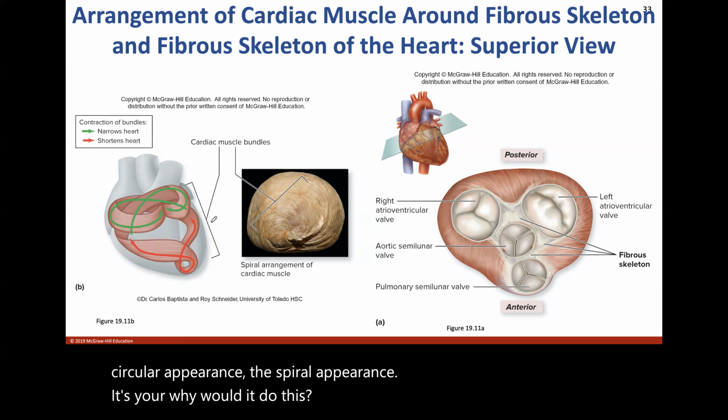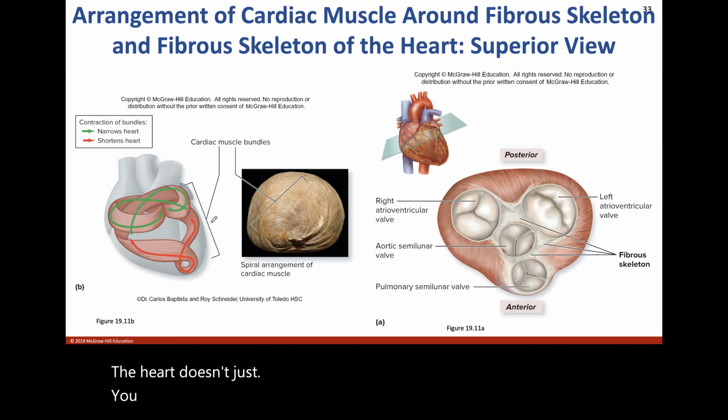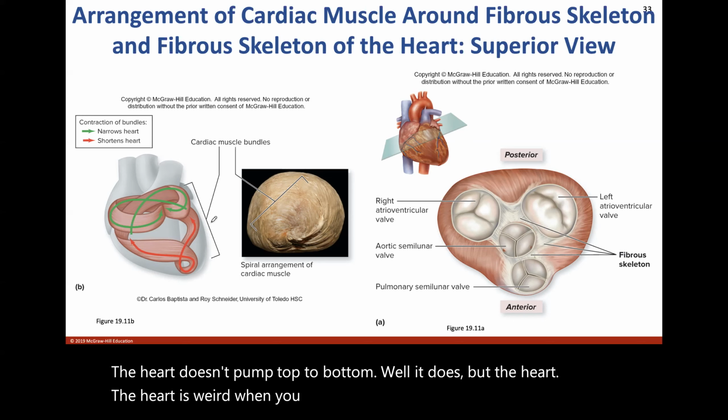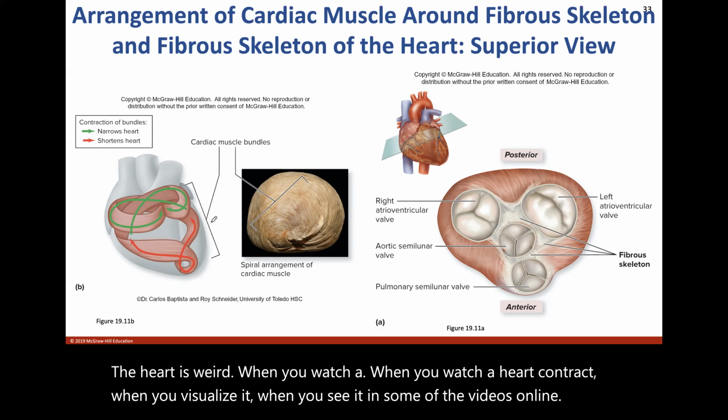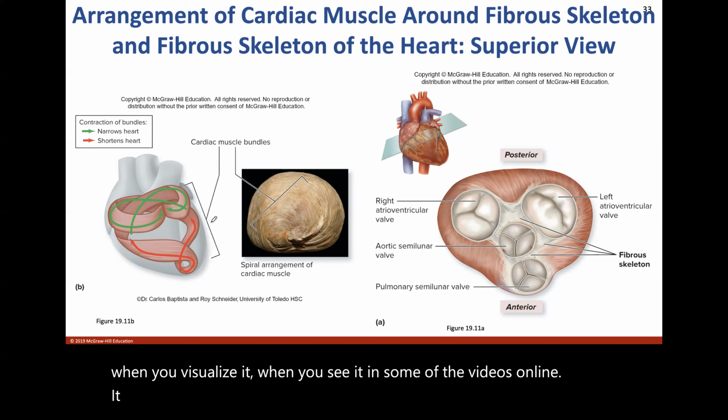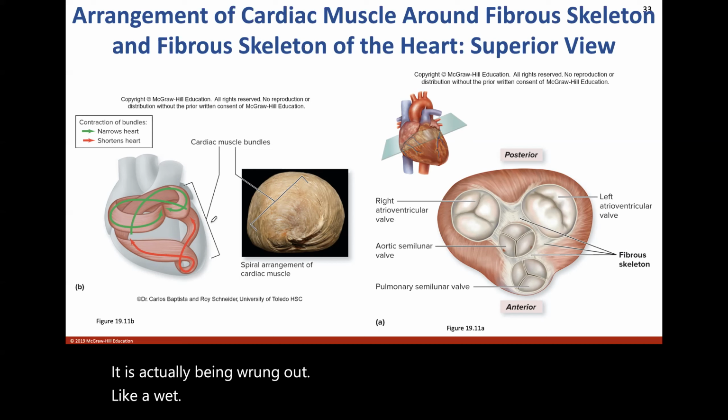The heart doesn't just pump top to bottom. Well, it does, but the heart is weird. When you watch a heart contract, when you see it in some of the videos online, it is actually being wrung out like a wet hand towel.